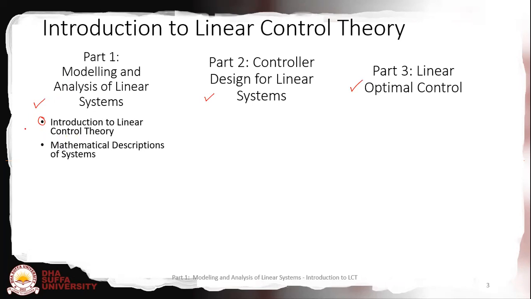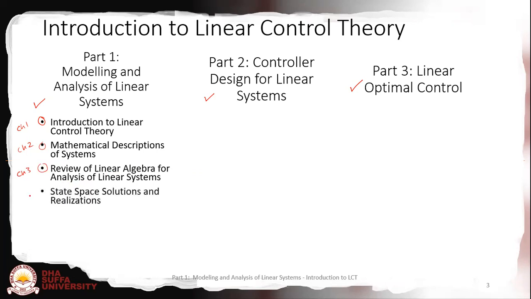Next chapter, this is chapter number 1 from Chen, and this is chapter number 2 from Chen, in which we discuss in detail the mathematical descriptions of the systems. Chapter number 3 is the linear algebra review for the linear systems.